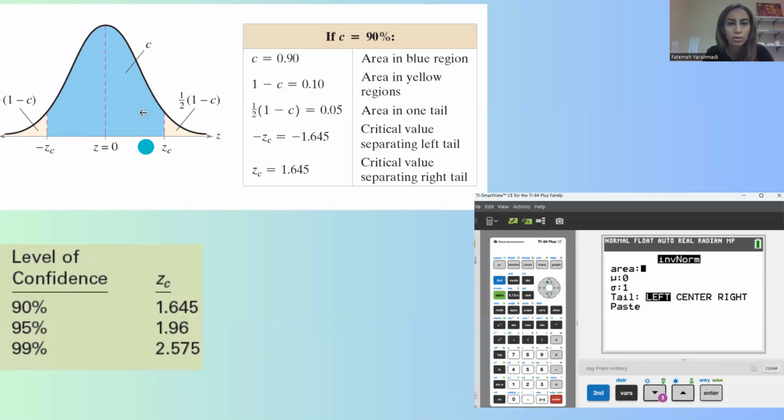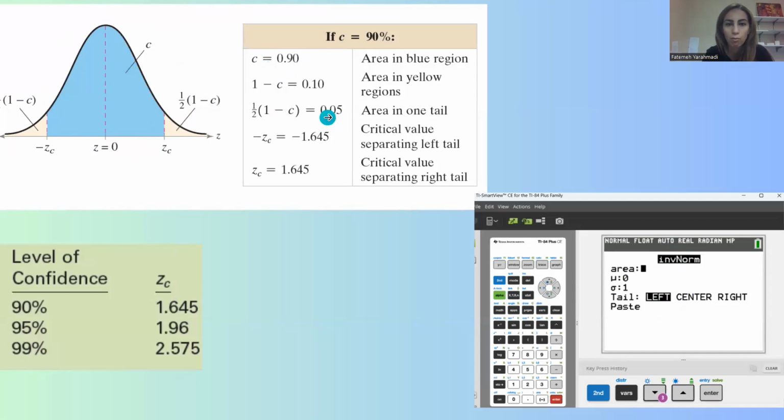For example, if your level of confidence is 90%, it means that 90% of the data are located here. If you have 90%, 10% is left to the left-hand side and right-hand side of the graph toward the tails. So C is 90%. 1 minus C divided by 2 is on the left, on the right. So 10% divided by 2 becomes 5%.